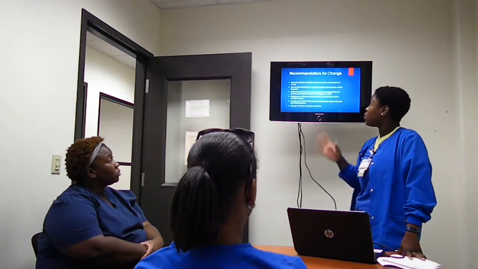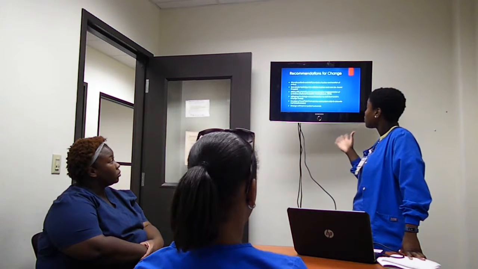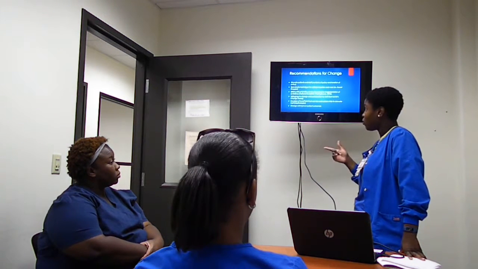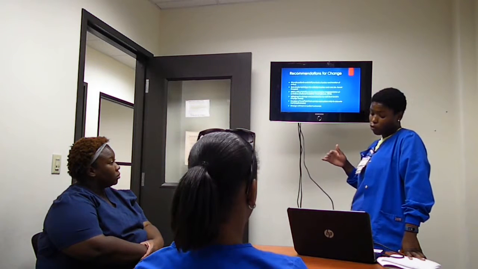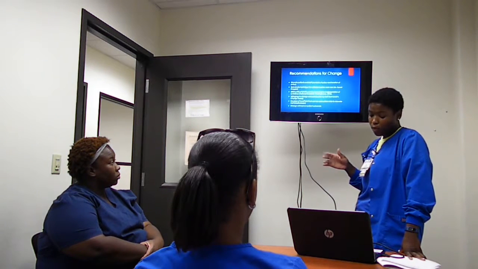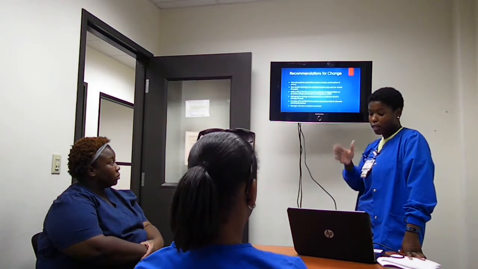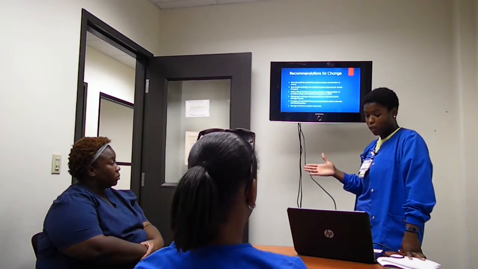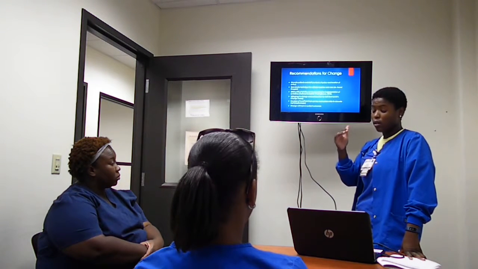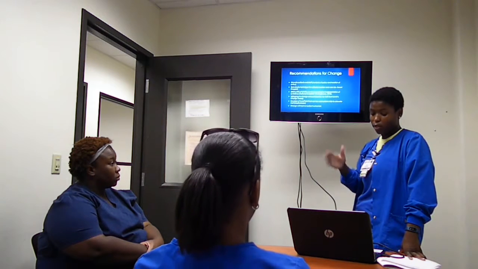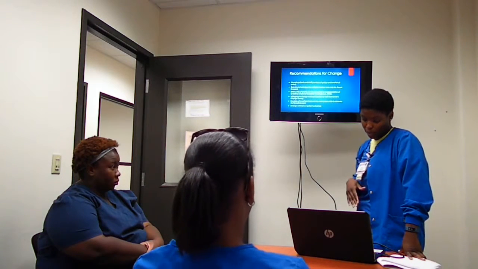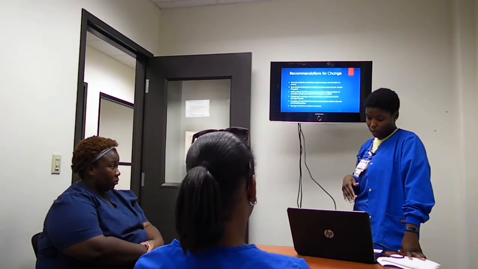And also, the technique for catheter insertion and care needs to be reevaluated, and not just for the annual competencies, because that's yearly, so that can be too long, especially if we're dealing with catheter-associated urinary tract infections on a daily or weekly basis. That needs to be reevaluated.